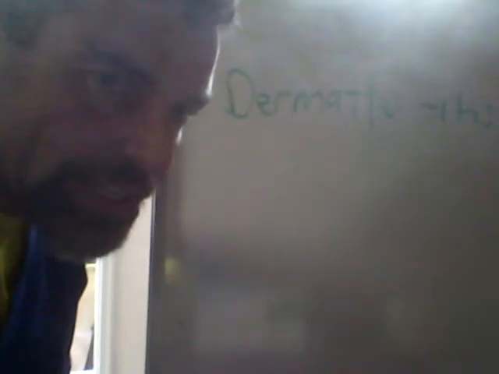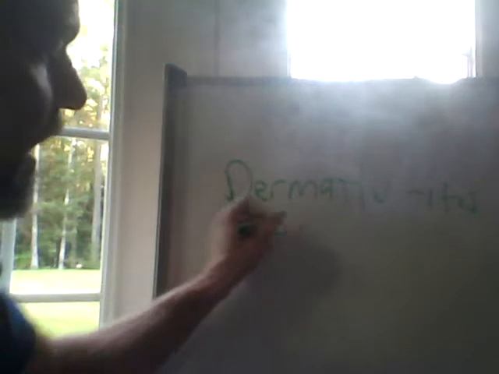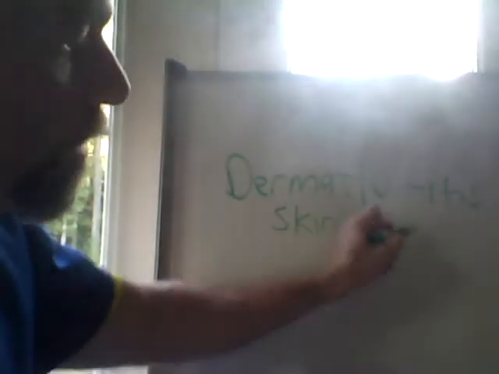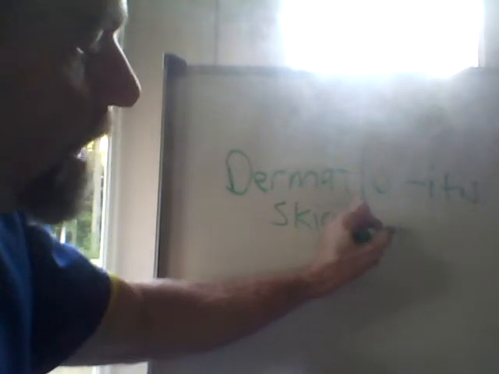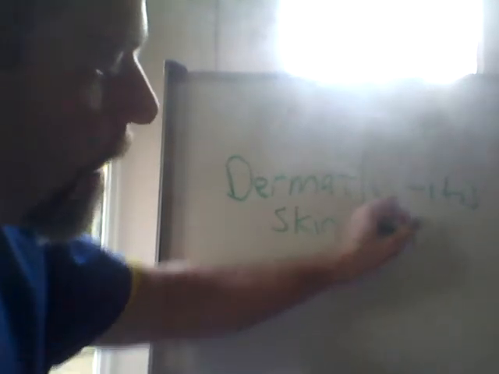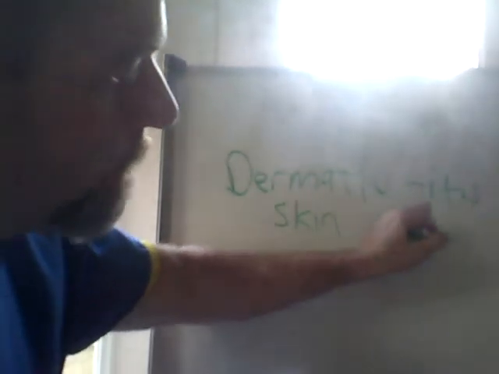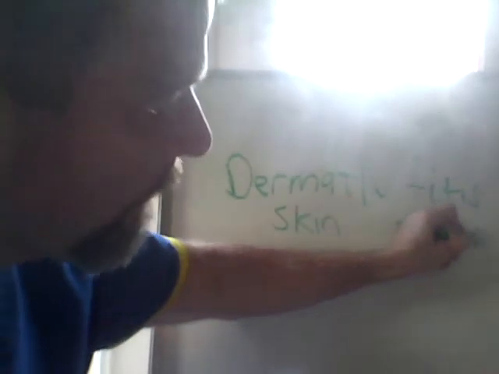Dermatitis. Well, dermatitis, of course, is going to be an inflammation of the skin. And we can take the term dermato, the combining form, coupled with the suffix itis, which means inflammation, and get a quick definition of dermatitis. It literally means inflammation of the skin.